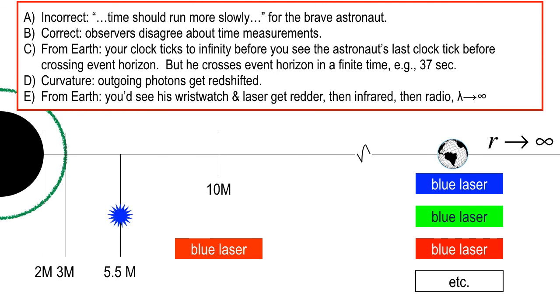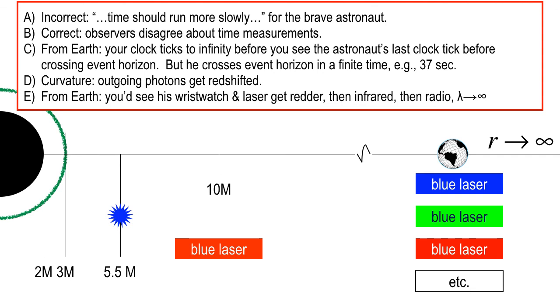He doesn't have to get very close before that blue is shifted to H alpha. And a little bit closer than 5.5 M, he's going to be in infrared. He's almost there now, 660. A little bit closer, he'll be infrared. He'll be in the 700s. And I worked all that out. All right?